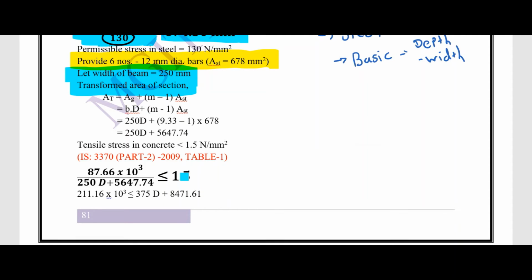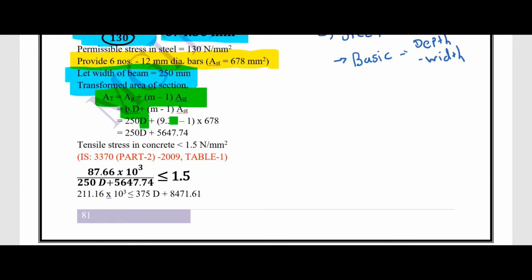We have an equation: AT is equal to AG plus (M minus 1) AST. Now AG is equal to BD. Width is fixed, depth we have to find out. M is 9.33.